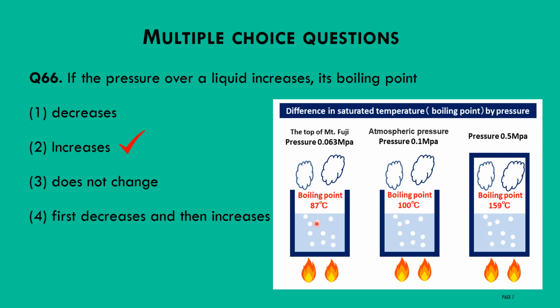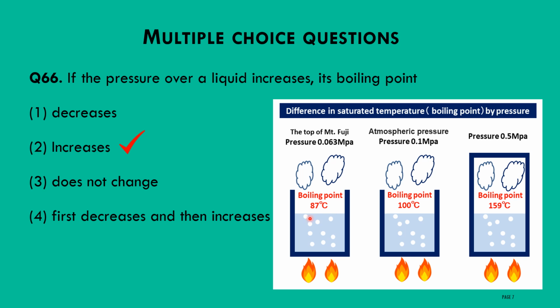To explain in detail, I am considering the same type of liquid here, but I am taking three different pressures. Then how will the boiling point vary? Here they are asking, if the pressure over a liquid increases, then what is the change in boiling point?